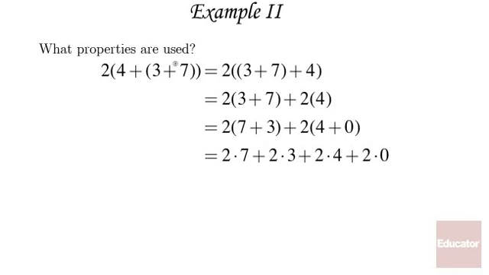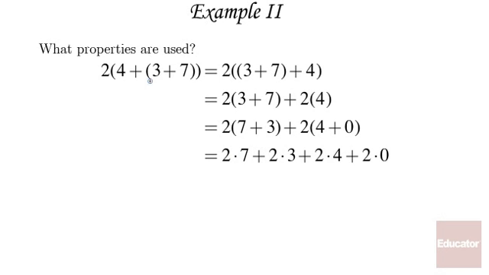Okay, this example 2 asks what properties are used. So there's an expression here, a mathematical expression, and various steps are taken. So we need to determine which properties were used that allowed those steps to be taken. Well, looking at what happened between here and here, we started out with 2 times 4 plus 3 plus 7.